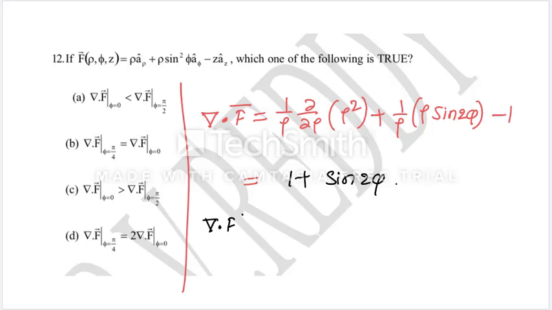Is it okay now? Fine. Is it fine now? Continue and do this problem.